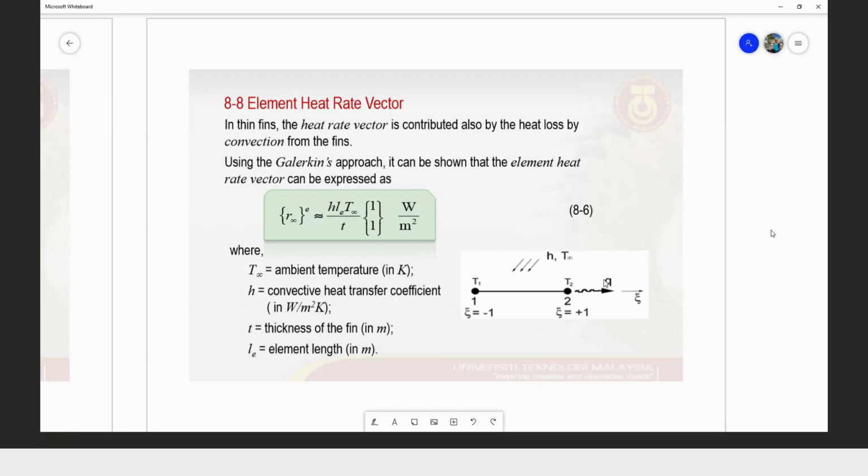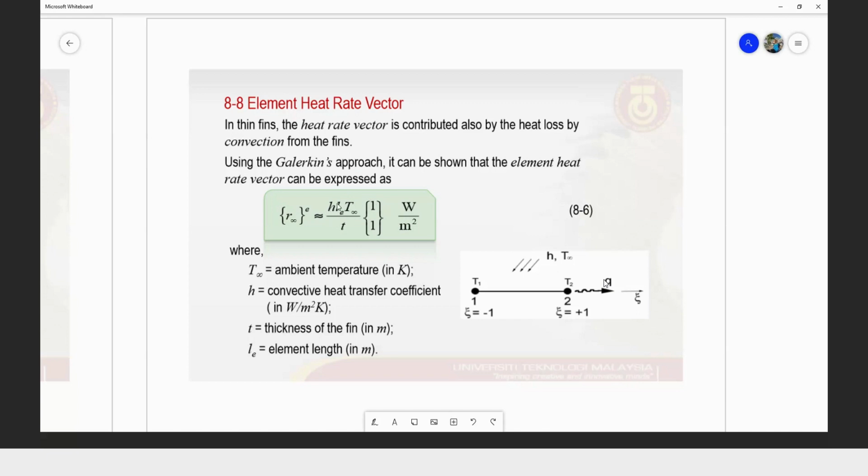Kalau tak ada heat generated in the system, then R will be equal to 0 for every nodal point. But for the thin film, the element heat rate vector is actually contributed from the convection process itself. So ini yang membezakan dia lah.